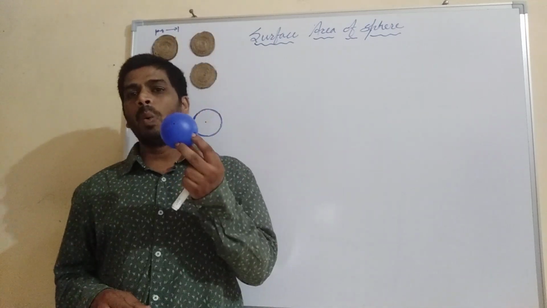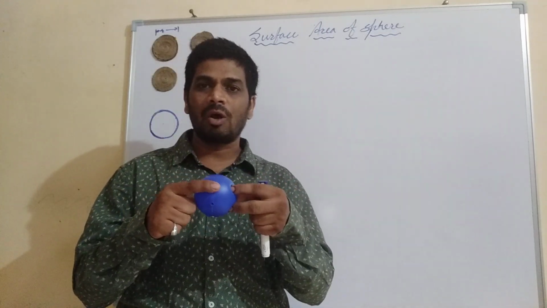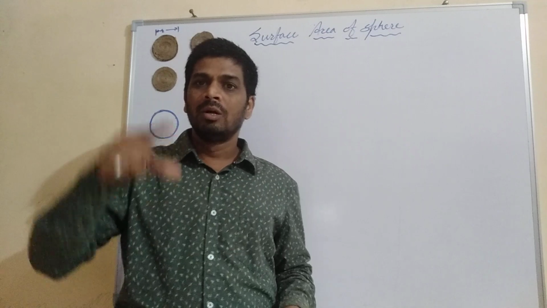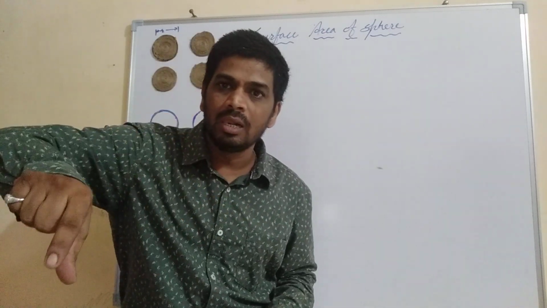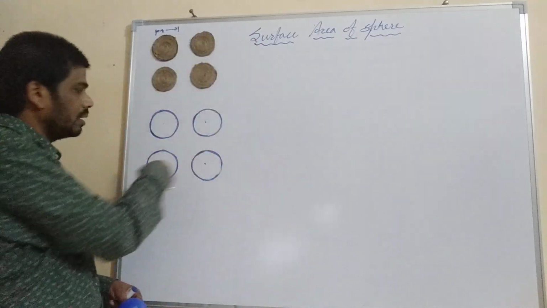Let us take one plastic ball or rubber ball, measure the diameter of the ball, and draw 4 circles on a plain paper sheet in this way.